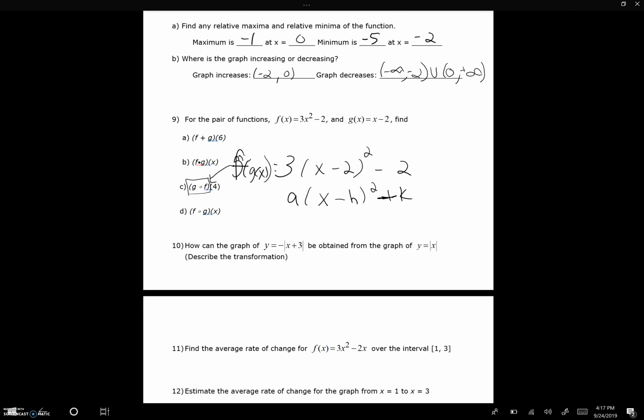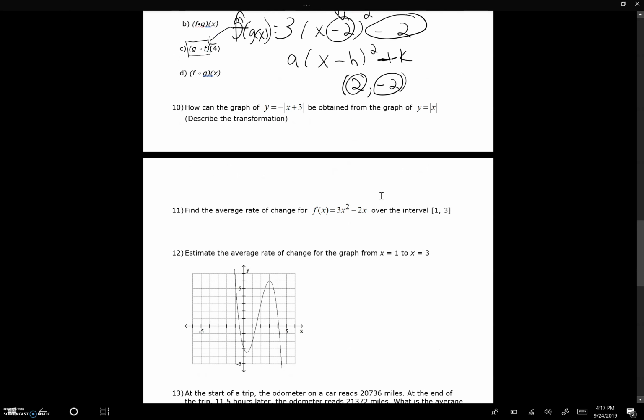So vertex form, obviously, because I can see my vertex. My vertex of this one is going to be positive 2 and negative 2. It's always going to be the opposite of what it is there. Because remember, when we're shifting functions, this minus 2 means we actually go positive 2. That's going to come in handy later, I think.